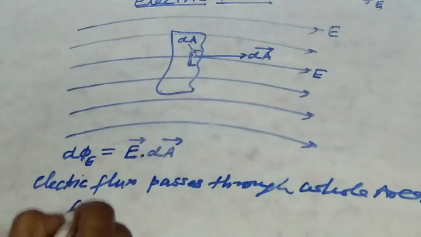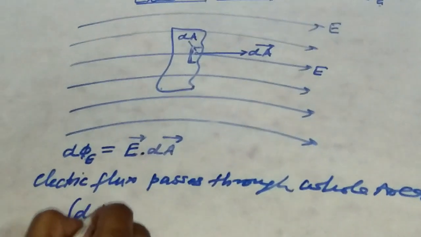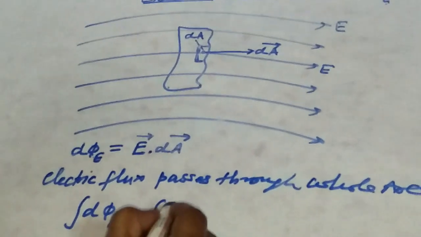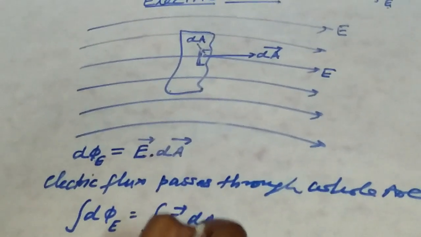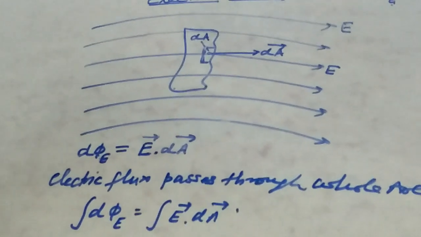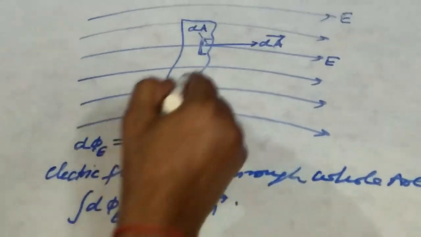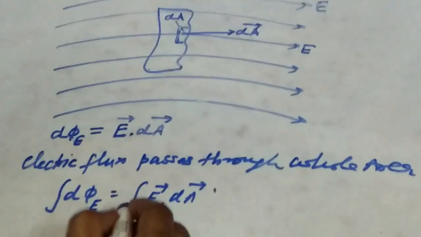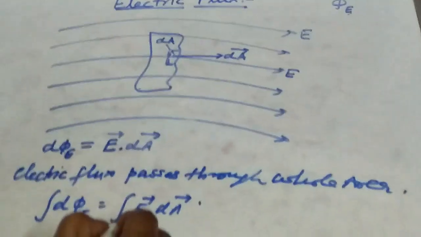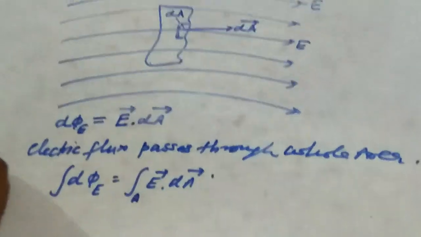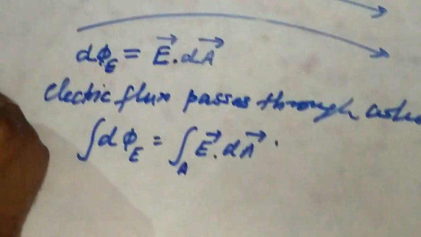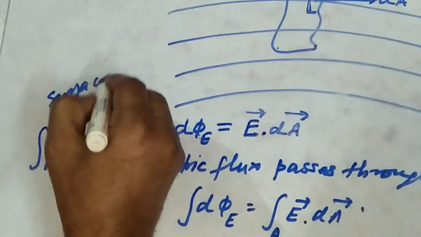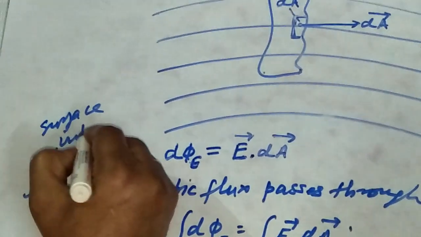When you integrate it, you will write d phi E is equal to vector E dot vector dA. And when you consider this whole area, this is called a surface integral. Here you will write A, which means the whole area. This is called the surface integral.